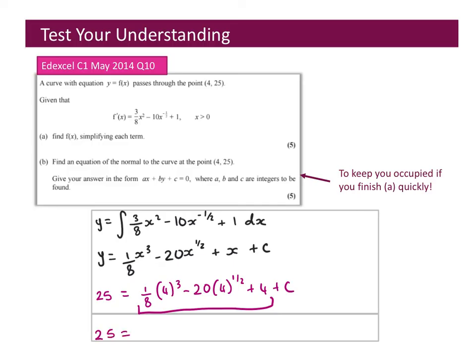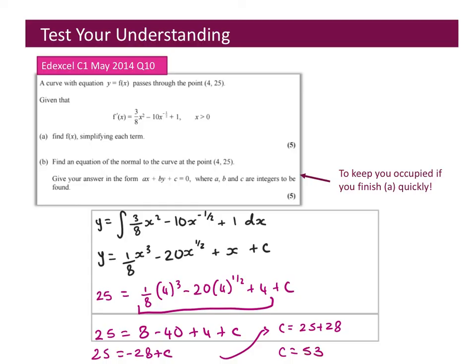So 25 equals 4 cubed is 64, divided by 8 is 8, minus 40 plus 4 plus c. So I'm going to get 25 equals minus 28 plus c. So that means c equals 25 plus 28, which equals 53.